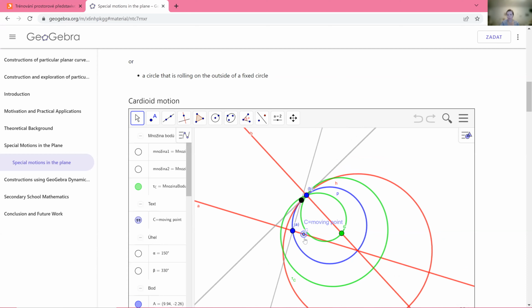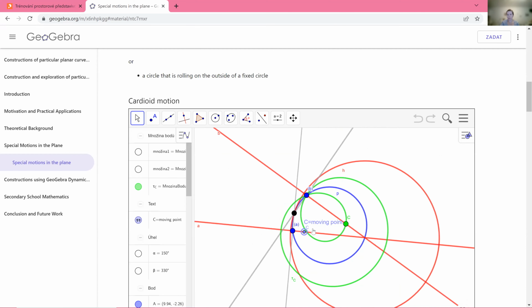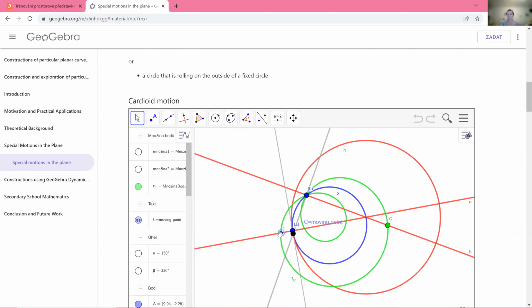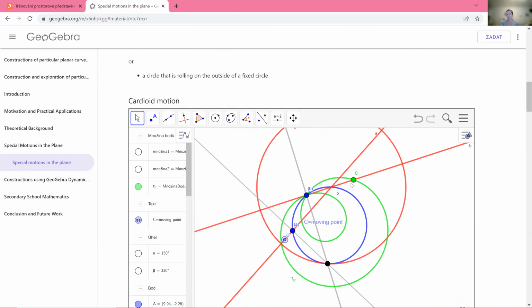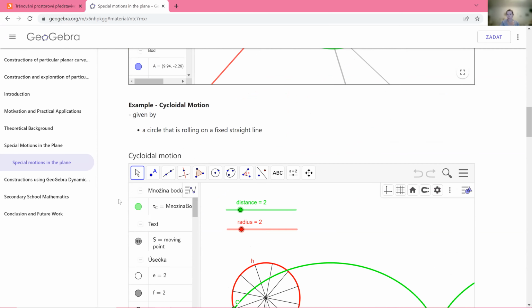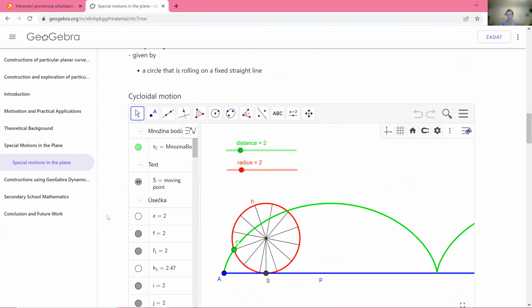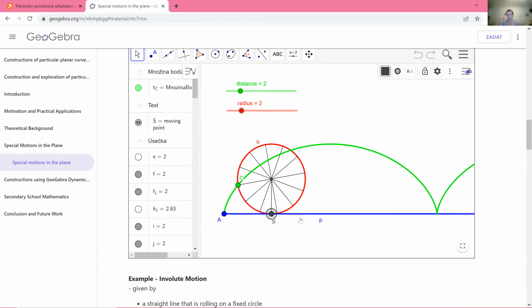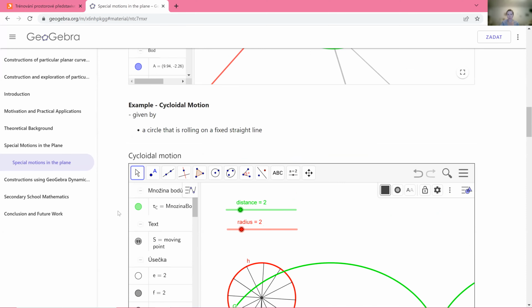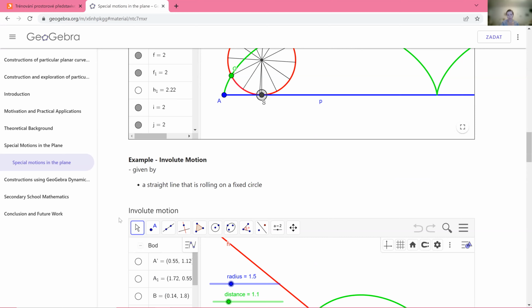So again, I can see two red lines still going through two points, and we can see that the green point is drawing some special curves. Or cycloidal motion, which I have already shown you. A circle is rolling on a fixed straight line.